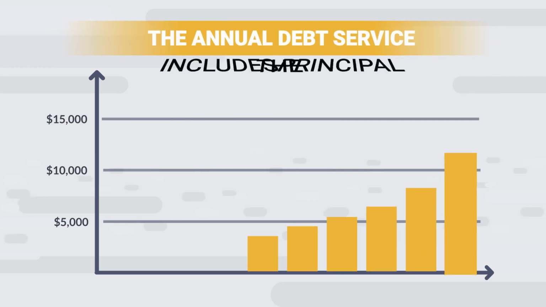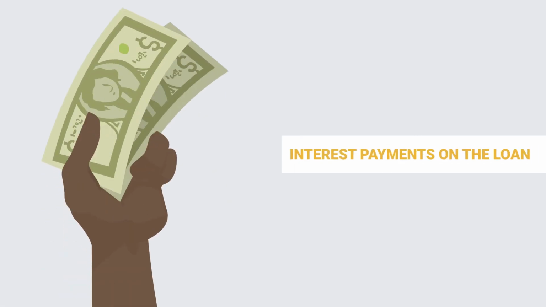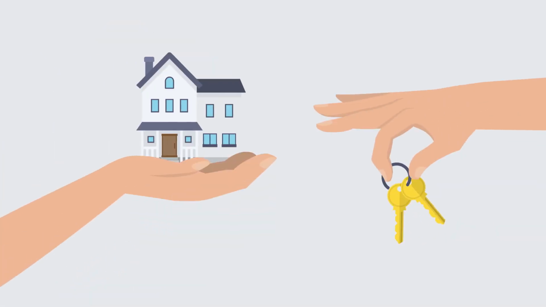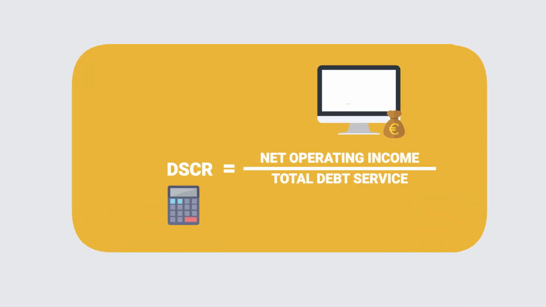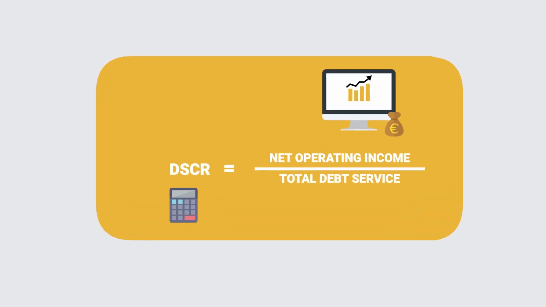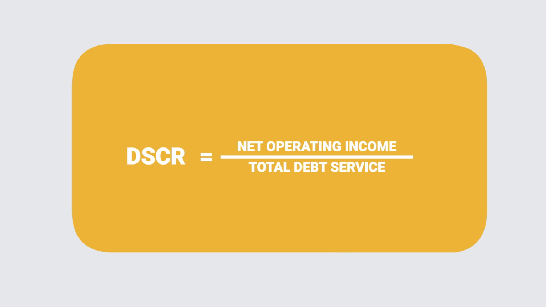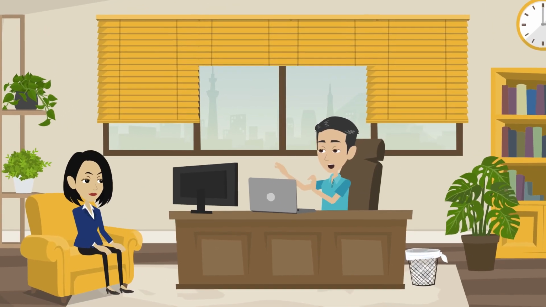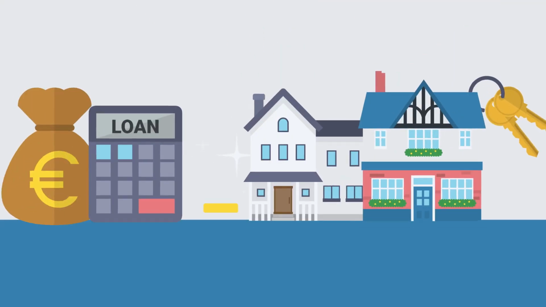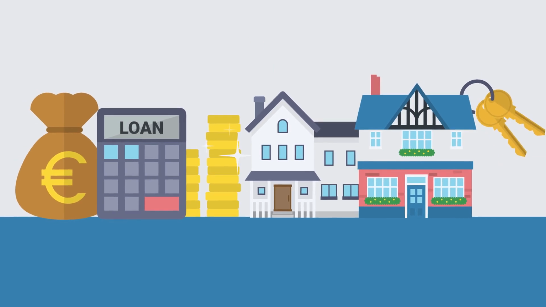The annual debt service includes the principal and interest payments on the loan you're seeking to finance the rental property. By dividing the NOI by the annual debt service, we arrive at the DSCR ratio. This ratio provides lenders with an understanding of the property's cash flow relative to the loan obligations.